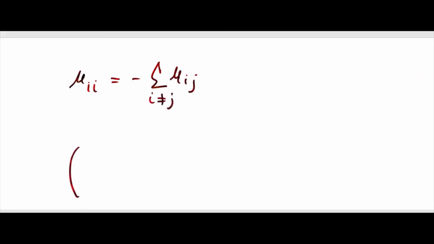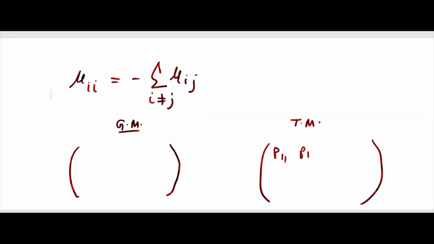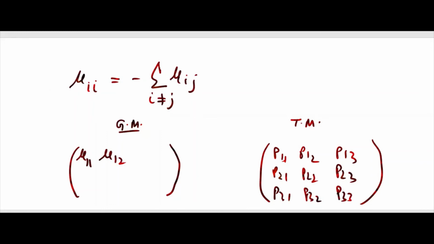This is my generator matrix, and this is the transition matrix. Here we write the probabilities, and here we write intensities.